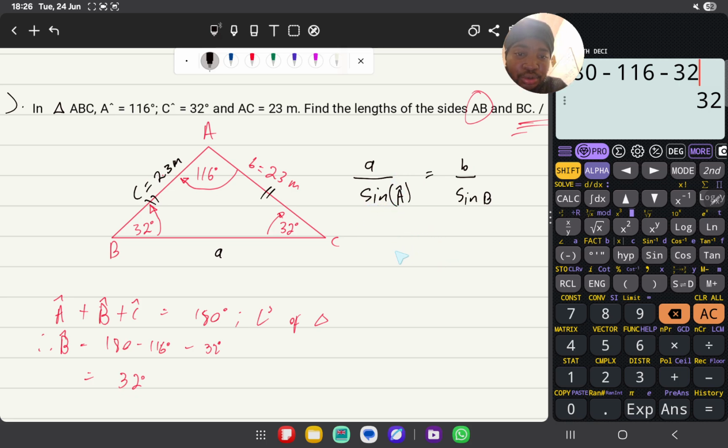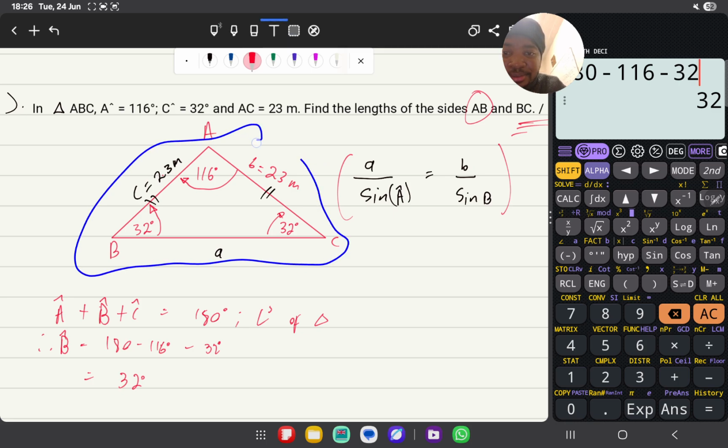So let us substitute. Before any substitution, you're looking for A and you don't know what A is, so you're going to multiply every side by sine A, right?